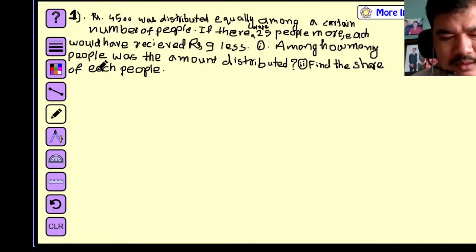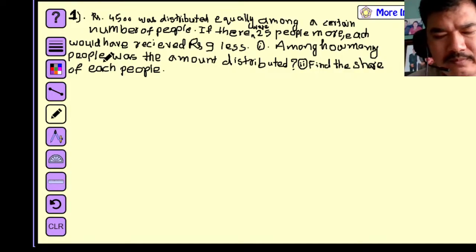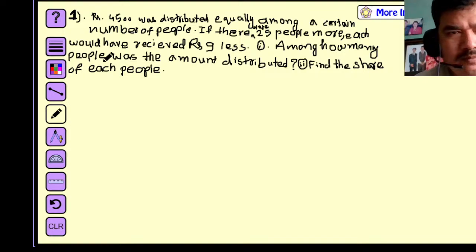For this, what you have to do first is form the equations from the given word problem, and first of all write a solution.